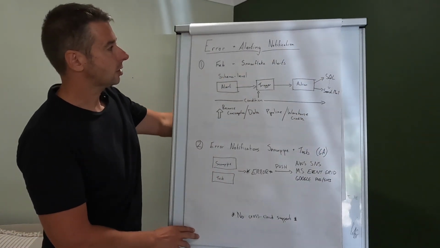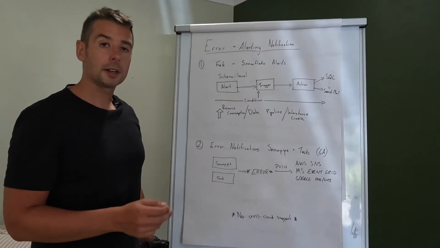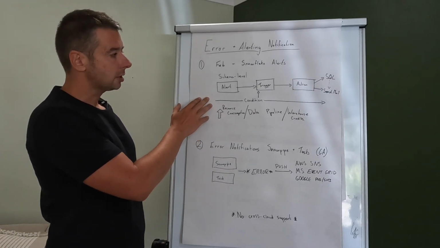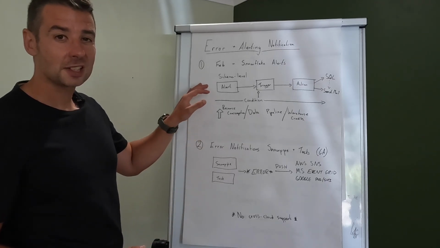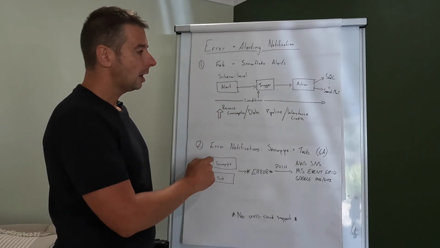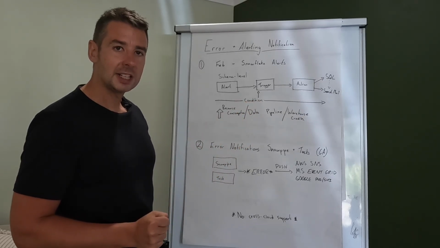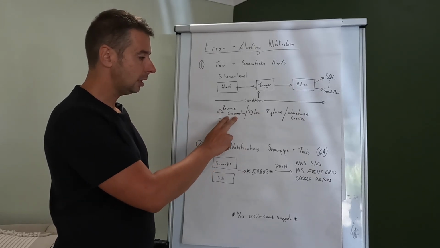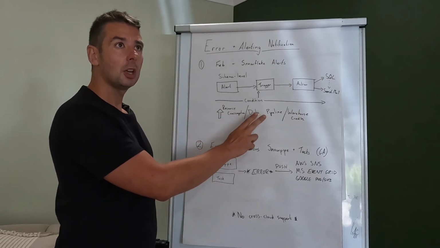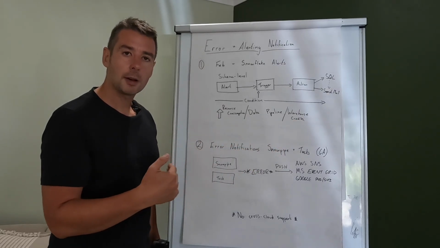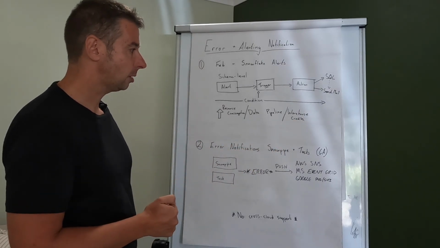Okay, so the next section is error and alerting and notifications. We've got Snowflake alerts now. So what's an alert? Well, it's a schema level object. You create it in Snowflake and you set a condition that needs to be met before it will trigger an alert. Now that condition could be to do with resource consumption, could be a data pipeline failing, or could be a warehouse number of credits consumed threshold.